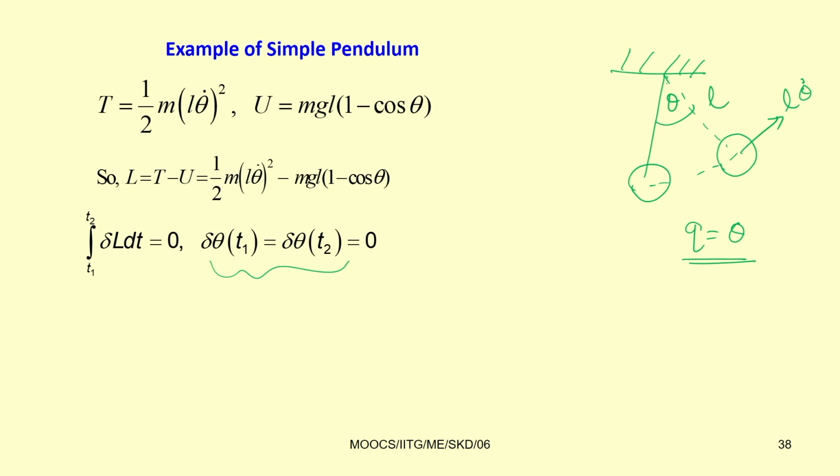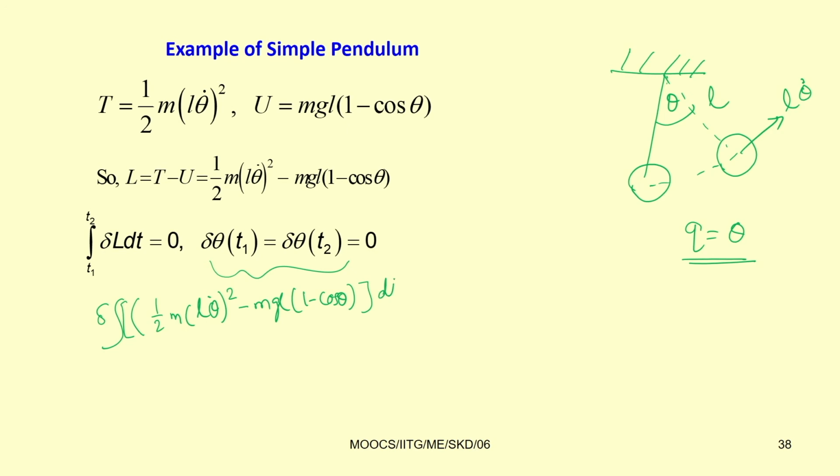Now we have to apply this del operator: del of half m L squared theta dot squared minus m g L into (1 minus cos theta), integrated over dt.